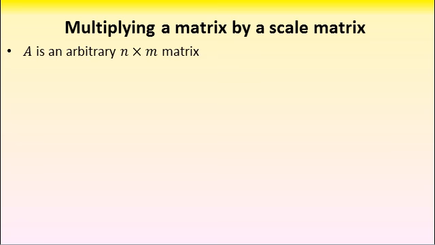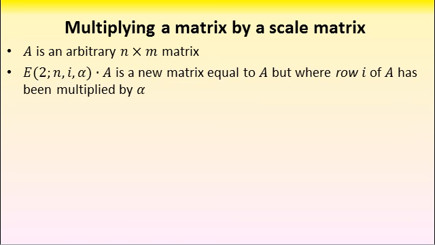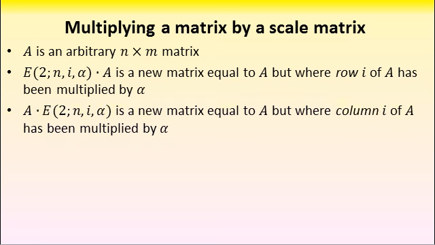If A is an arbitrary n by m matrix, then pre-multiplying by E will scale the entire row i of A. That is, it will multiply every element of row i of A by alpha. Post multiplying by E will scale the entire column i by alpha.